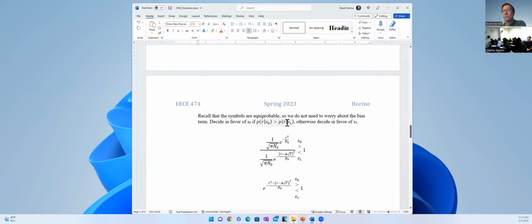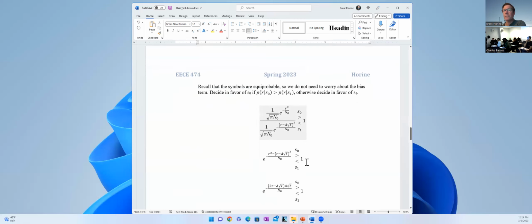It's just rewriting this equation up here after substituting these things in. If the denominator is larger, that would be the converse of this equation, and this whole quotient would be less than 1, so we would decide in favor of S1. Just recognize that notation there.